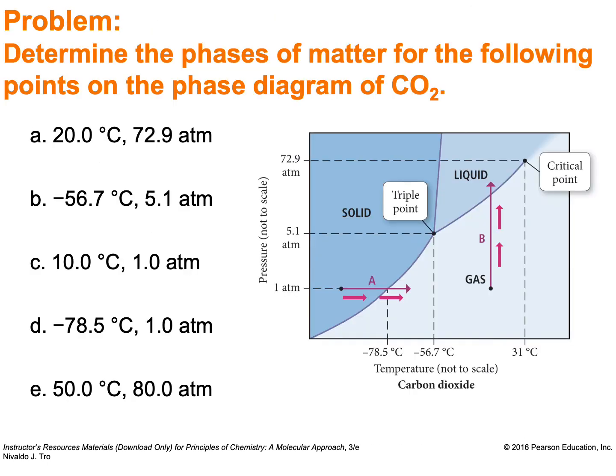Now we're going full circle from the slide at the very beginning of this chapter showing the phase diagram. Let's answer some problems by determining the phase for the following points on the phase diagram of CO2. Think about each of these for a minute and then look at the answers in the next slide.